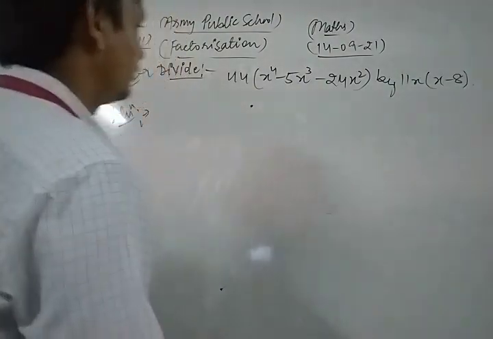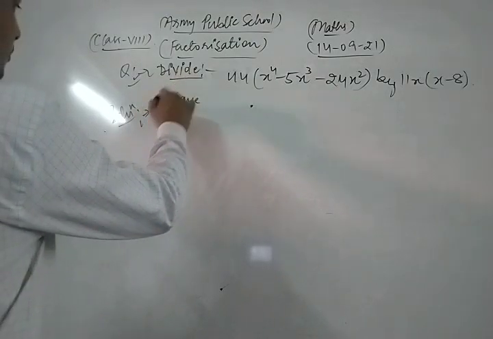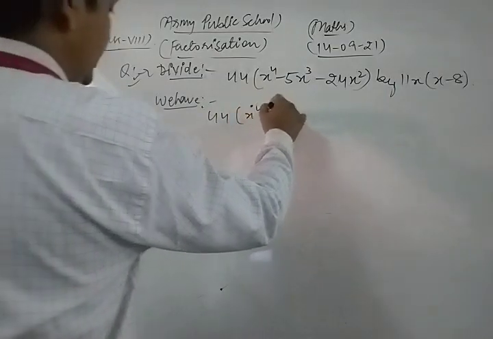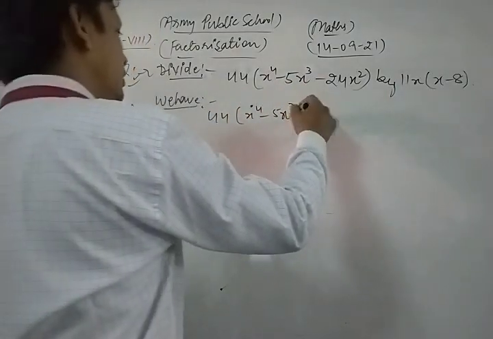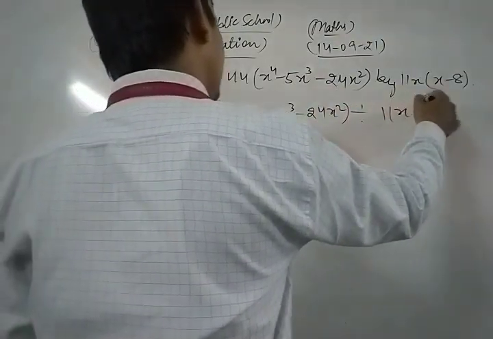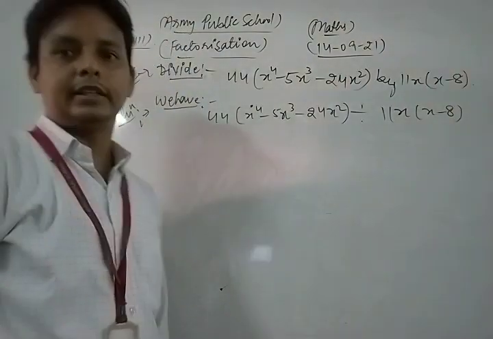Dear students, first of all we have 44 in a bracket x to the power 4 minus 5x cube minus 24x square, divided by 11x into x minus 8. Okay, so first of all we write it in this way.